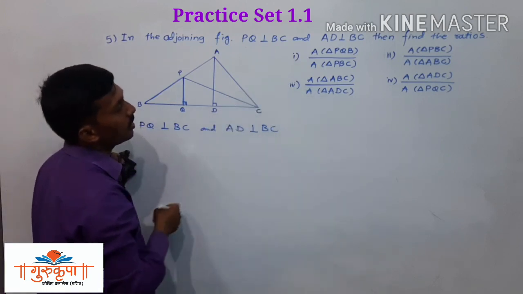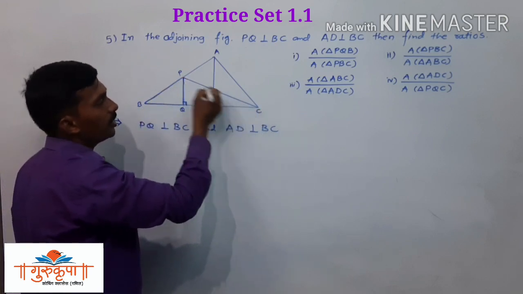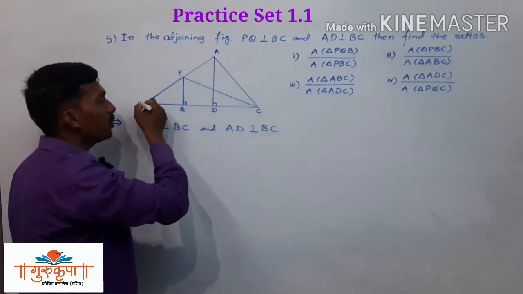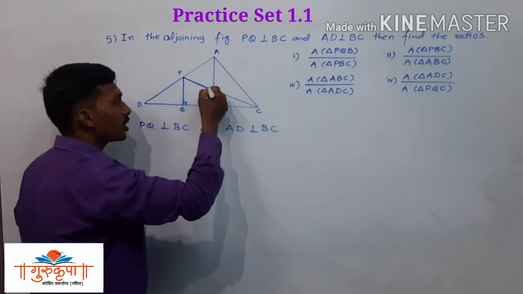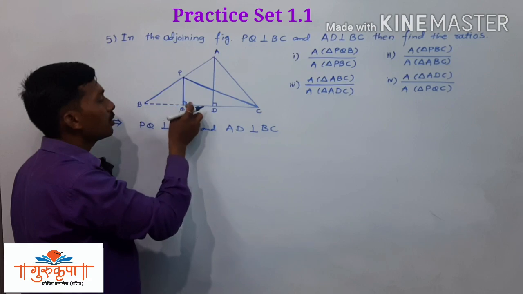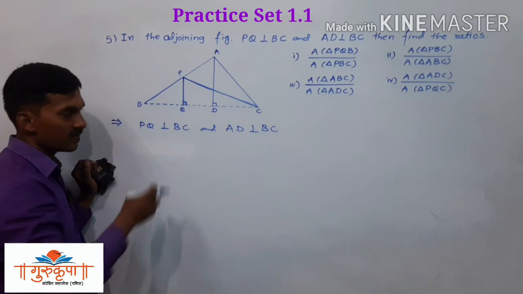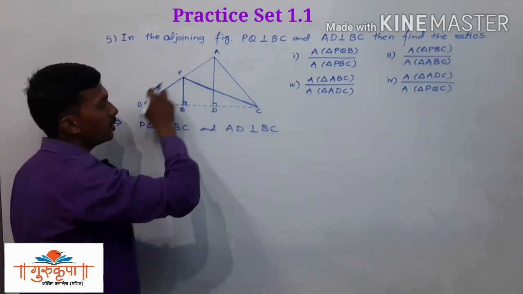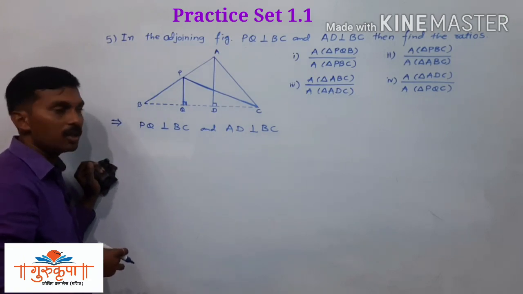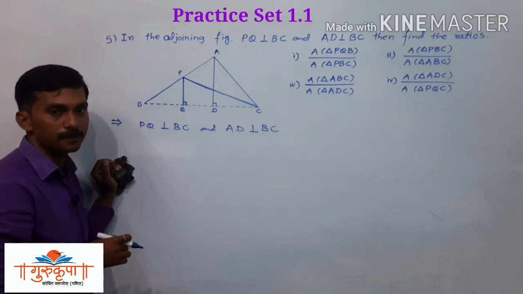Now see the second triangle, triangle PBC, but it is not a right angle triangle. But suppose in triangle PBC we consider BC as the base of that triangle, then PQ is the height, which means the heights of both the triangles PQB and PBC are equal.